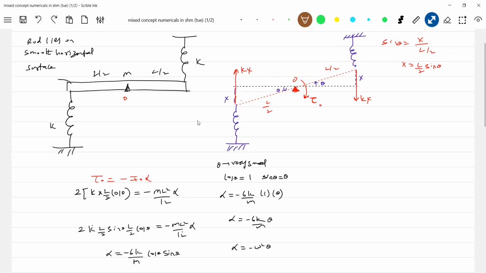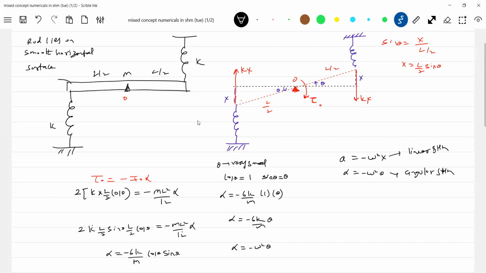So this is angular SHM, not linear SHM. For linear SHM, the equation is a equals minus omega square x. For angular SHM, the angular acceleration is proportional to the negative of the angular displacement. Able to get this one? So this is linear SHM, and this will be angular SHM.